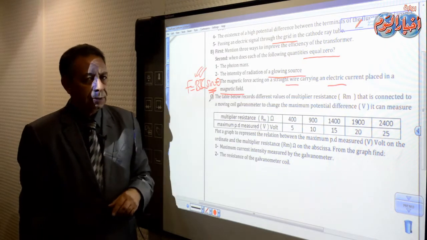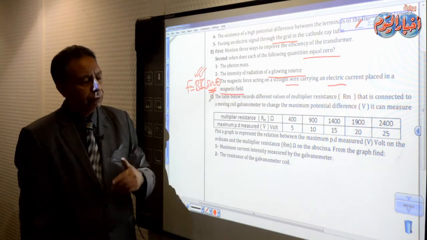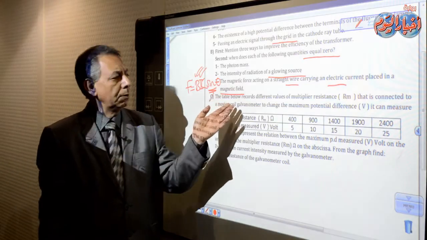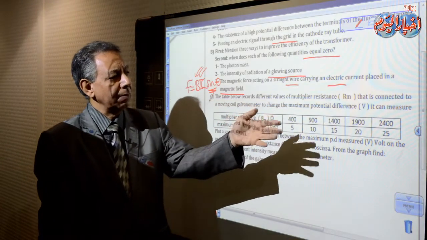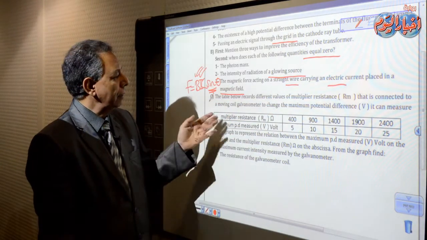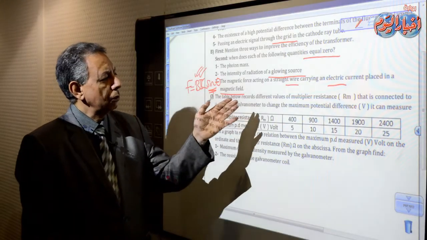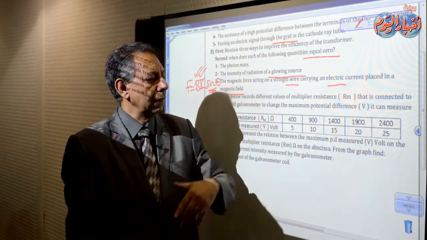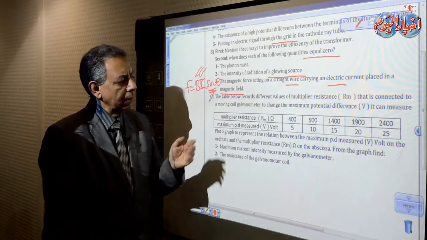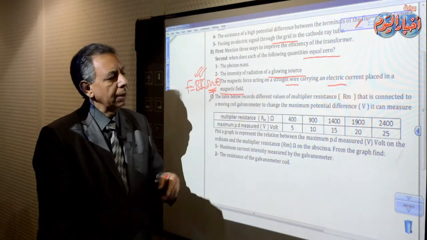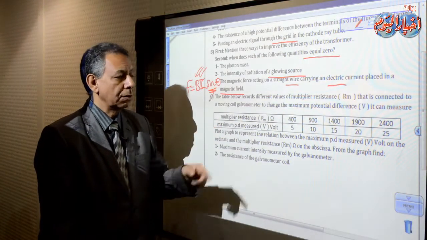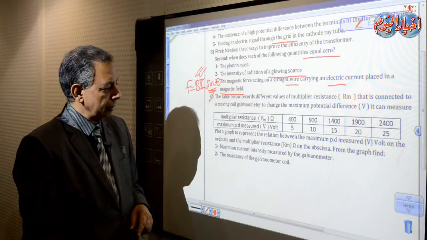Finally, the last part in the fifth question and the end of the exam: the table below records different values of multiplier resistance Rm that is connected to a moving coil galvanometer to change the maximum potential difference it can measure. That is the multiplier resistance value, and that is the maximum potential difference that can be measured after connecting the multiplier resistance.